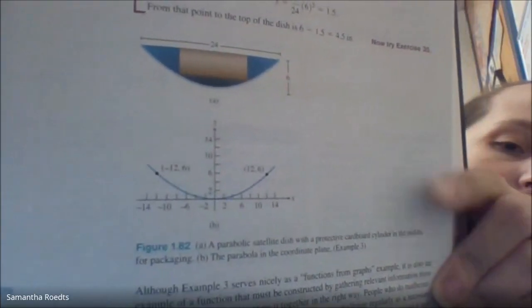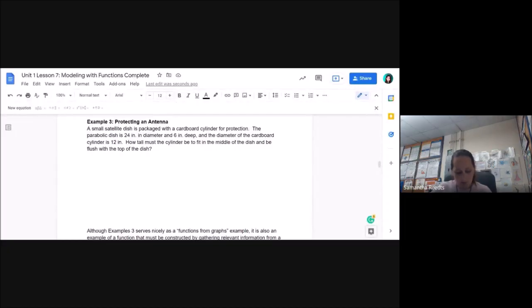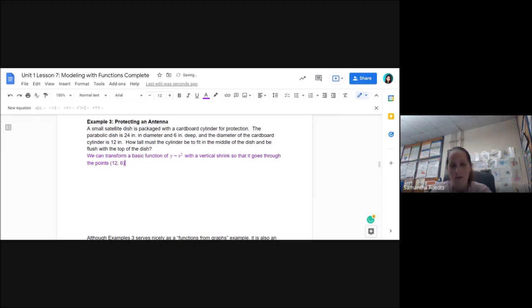So again, it's a parabolic function, which means it looks like a U. We can transform a basic function of y equals x squared, because it looks like a parabolic function, with a vertical shrink so that it goes through the points (12, 6) and (-12, 6).